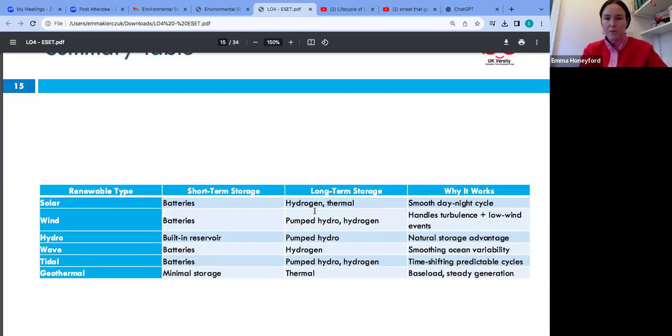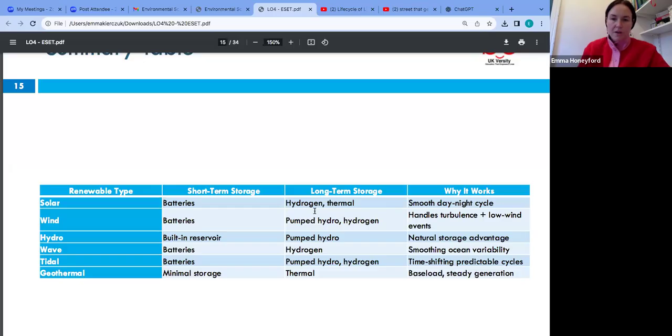Here is a summary table of all the different renewable types of energy. So we've got solar, wind, hydro, wave, tidal, and geothermal. So in terms of short-term storage, the comparisons are here. So you've got a mixture of battery use, built-in reservoir, minimal storage for geothermal, and then long-term storage.